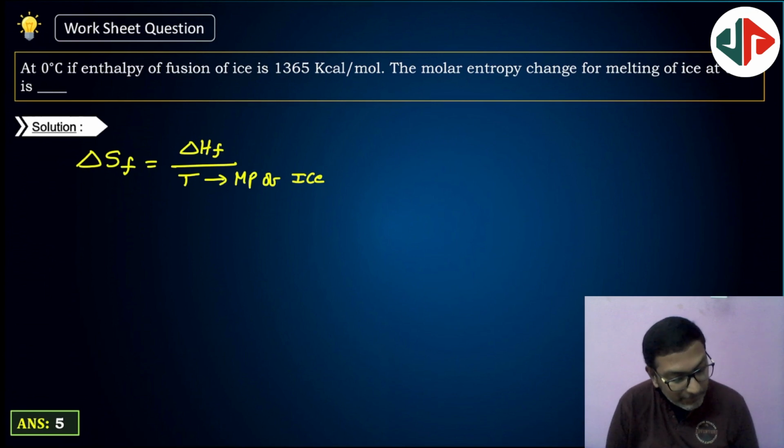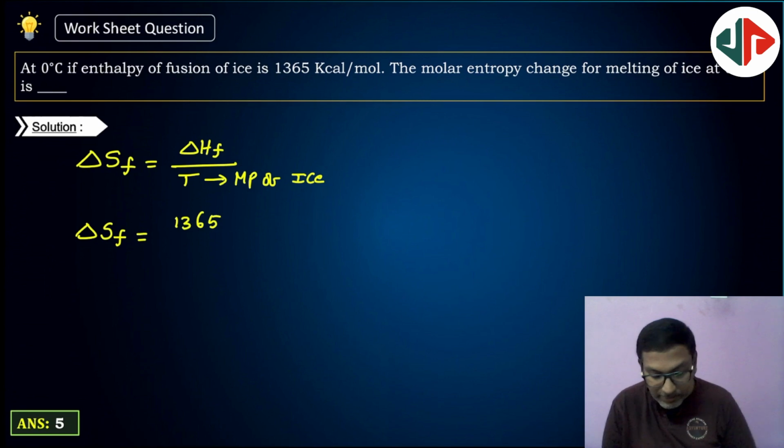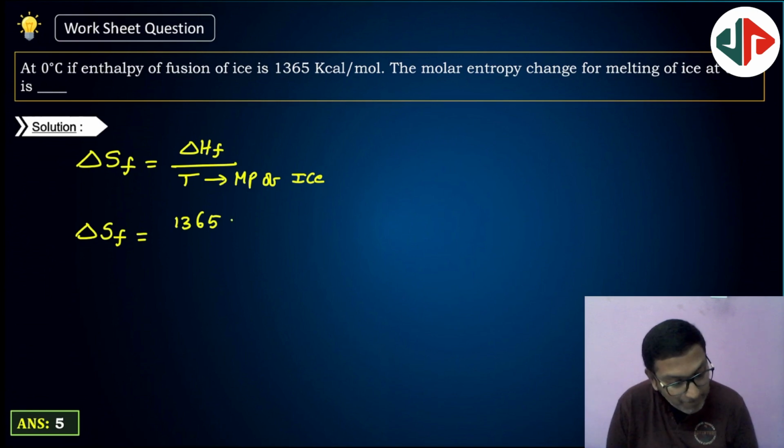So given delta H fusion, that is 1365 kilocalories, kilo means into 10 cube calories, by temperature 273.